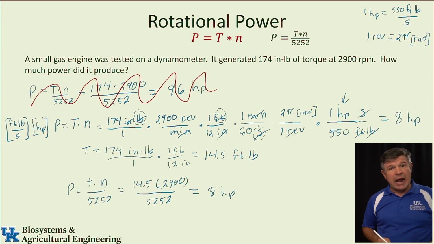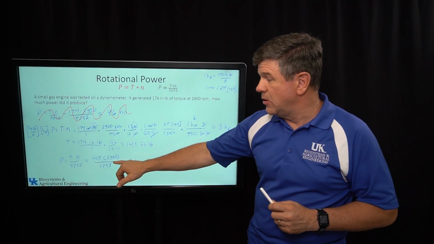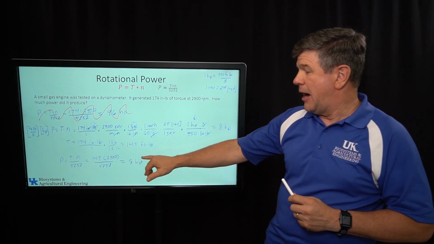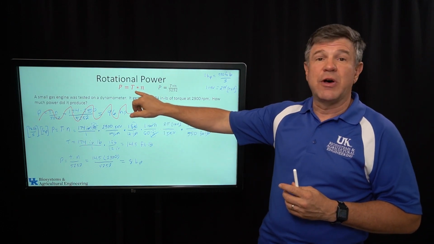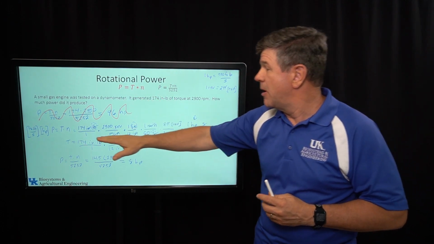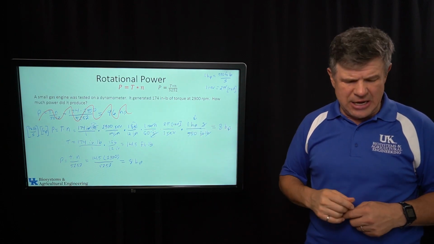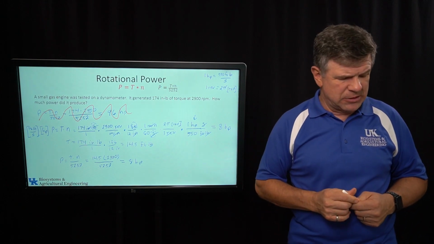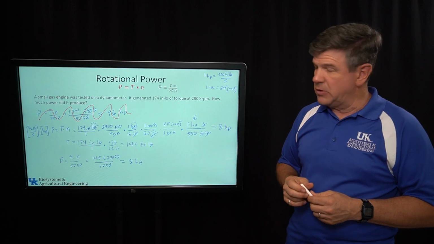That would be the correct number. But I had to know what units go into that equation to be able to do that correctly. Again, I can try to keep track of that and remember that, or I can remember this fundamental relationship that we have up here, plug in whatever unit conversions that I need, and I'm good to go. So you never make mistakes that way. That's the key thing. That's what is important to us.